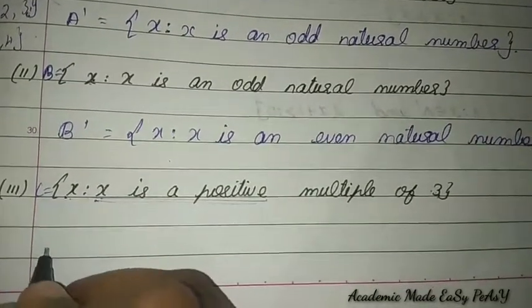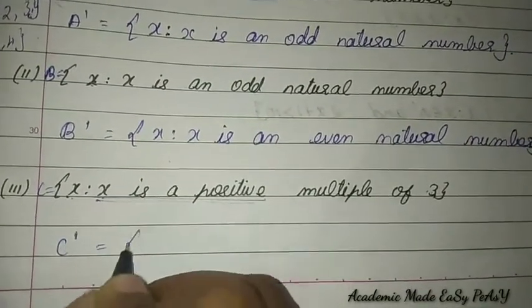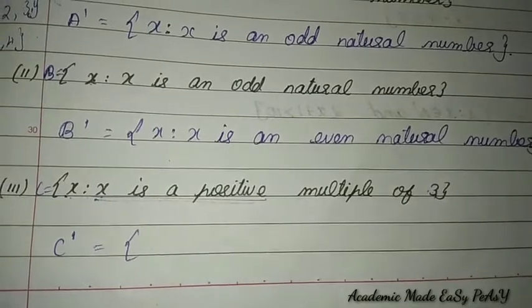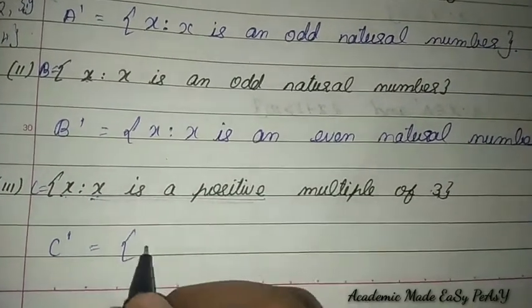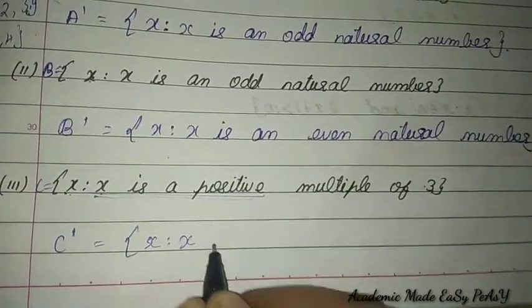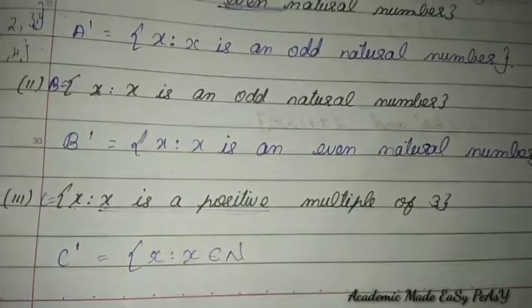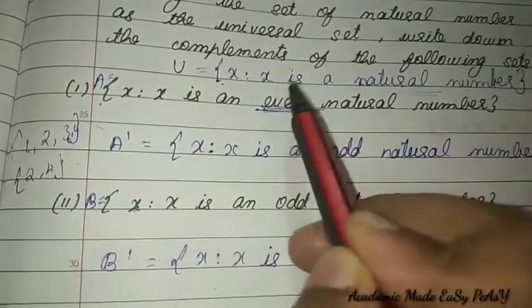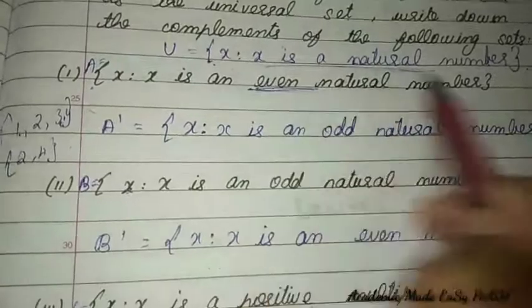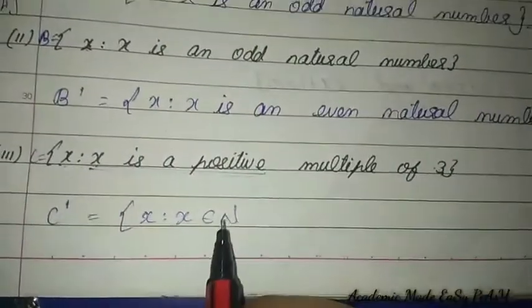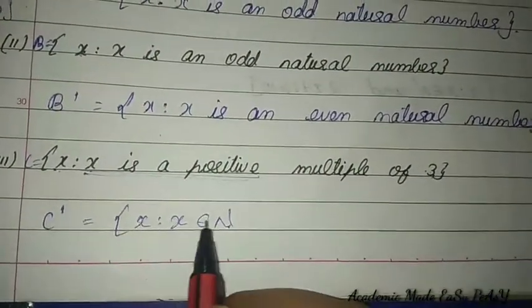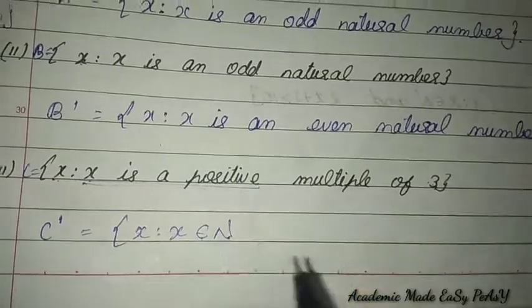So writing C complement, you have to be very clear because this part is a little confusing. Why? Because x belongs to N. Why? Because it is in the universal set, given that it is only natural numbers. Is that clear? So therefore x such that x belongs to natural numbers.